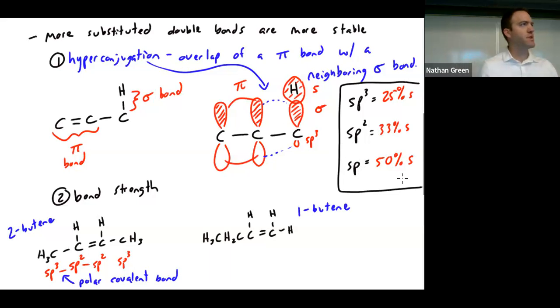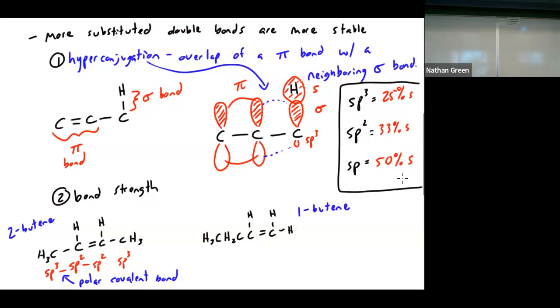You're an electron. Everyone be an electron. You're very negative right now. Some of you more negative than others. Be an electron. Do you want to be in an sp hybridized carbon, an sp3 hybridized carbon, or an sp2 hybridized carbon? You want to be in sp, right? You want to be in an S, but I've removed that option. So you have to be in one of those hybrid orbitals. You would rather be here in the sp hybridized because you are most like an S. You are closest to the nucleus.